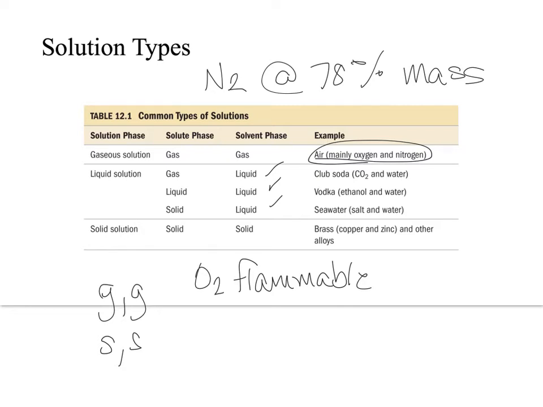Gas liquid solutions, any type of soda is going to be true, and we like, or at least I do, when carbon dioxide content is high, because it makes it fizzier, which is a technical scientific term, but it also lowers the pH, producing something called carbonic acid.